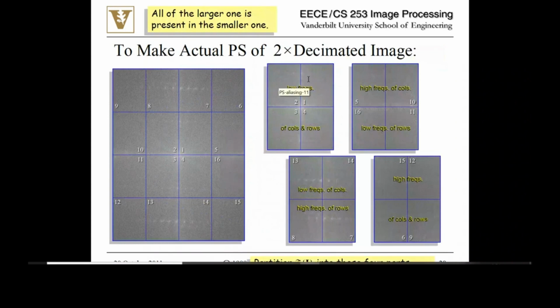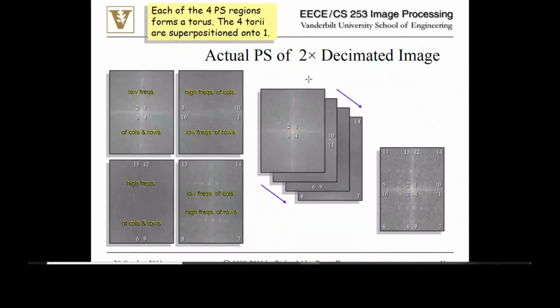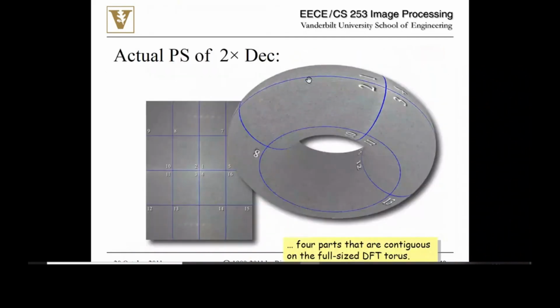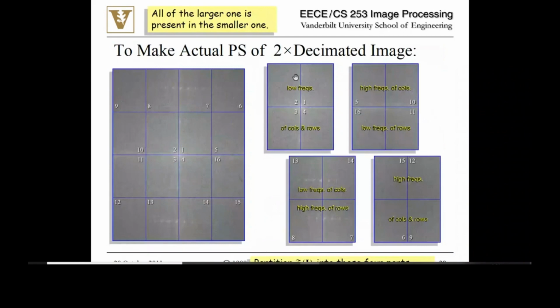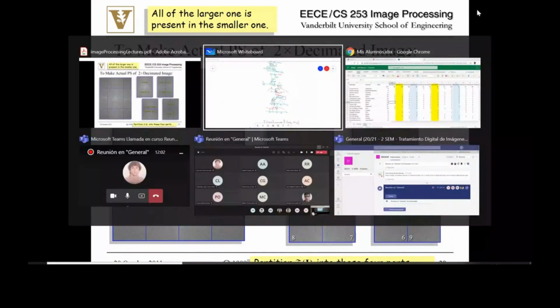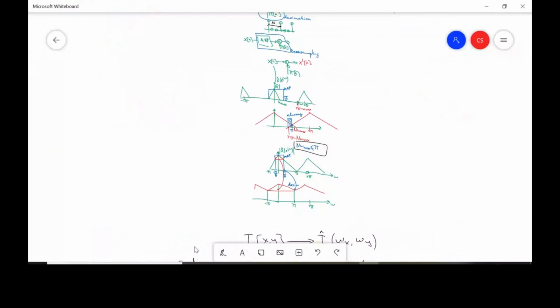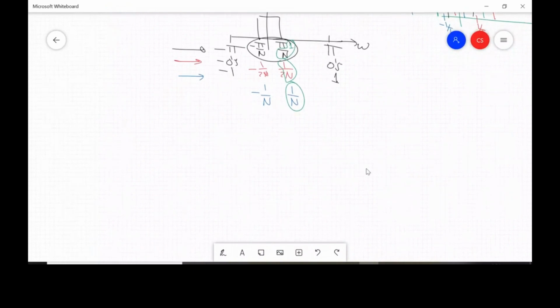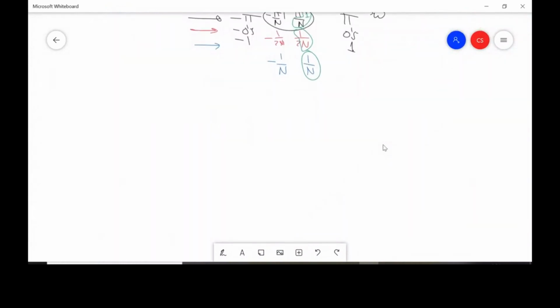Actually, there is no good representation of this, so let me do it on the board.